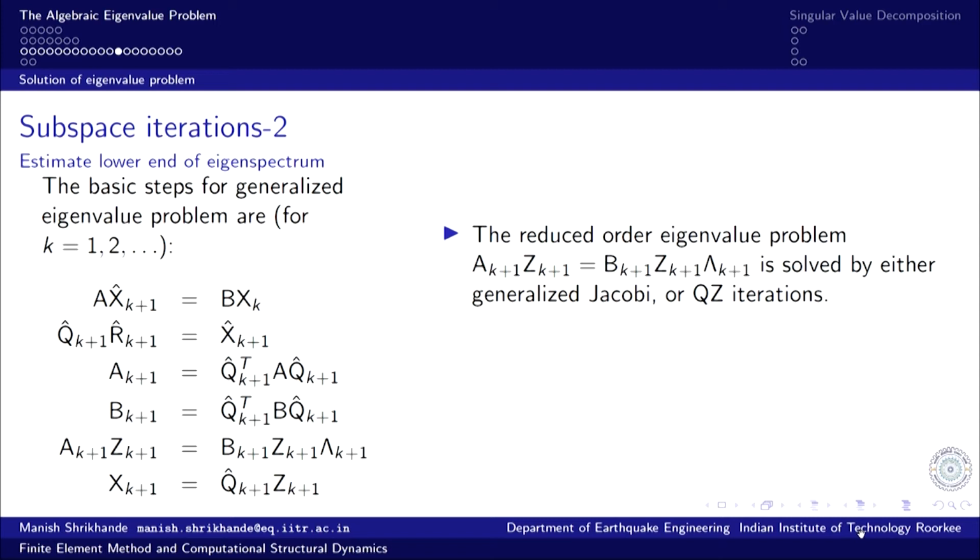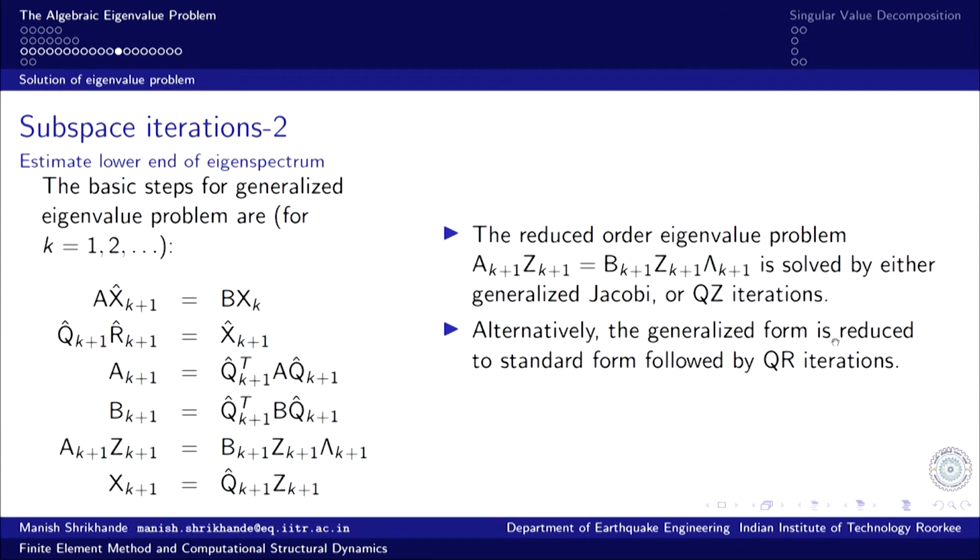The reduced order eigenvalue problem can be solved either by the generalized Jacobi method, which we will discuss and which is actually a series of Givens rotations so that the matrix is nudged to diagonal form, or by QZ iterations, similar to QR iterations, but QR iterations refer to the standard eigenvalue problem, while QZ iterations refer to the generalized eigenvalue problem, where we perform decompositions on both the matrices.